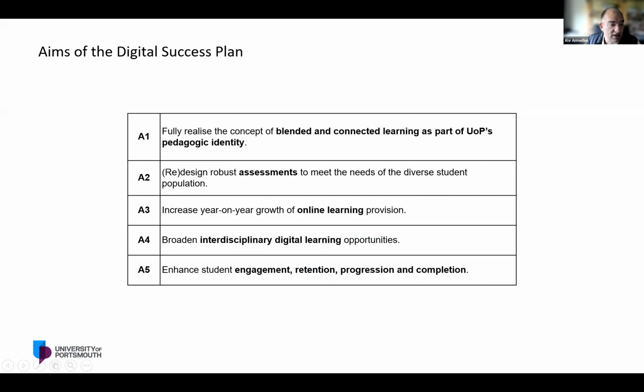A1 is about redesign. A2 is about redesigning assessments. A3 is about growing our online provision. A4 is about giving our learners more credit-bearing learning opportunities outside of their degrees. And A5 is essentially about learning analytics.